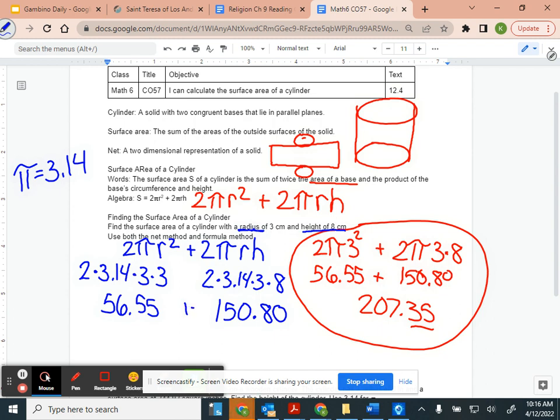And then we just have to add those 2 numbers together. So when you're writing it out on your paper, you're going to put what each of those products are, and then you're going to add them together and get your final answer. You'll find your first product, you'll find your second product, and you'll add the 2 together.